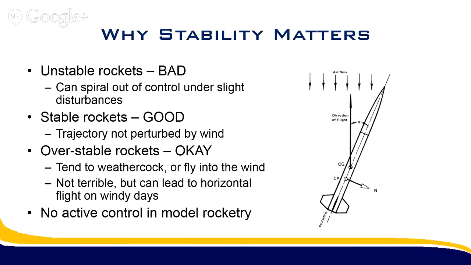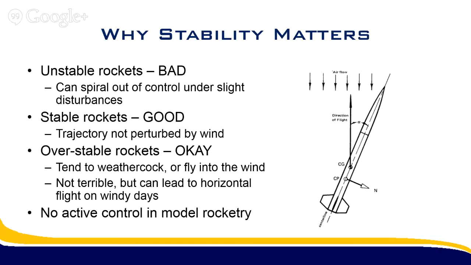Why is stability important? I think that's pretty clear. Unstable rockets tend to spiral out of control under the slightest disturbance, and that usually leads to things not flying where they should and breaking when they shouldn't.